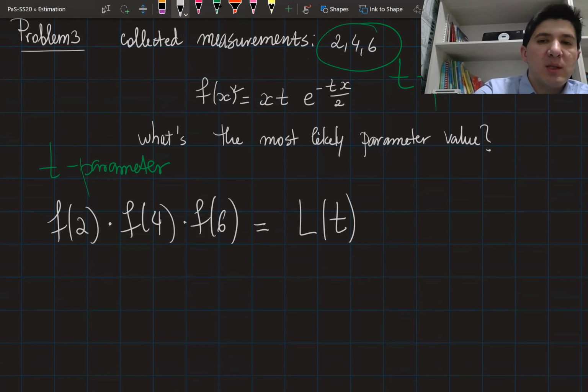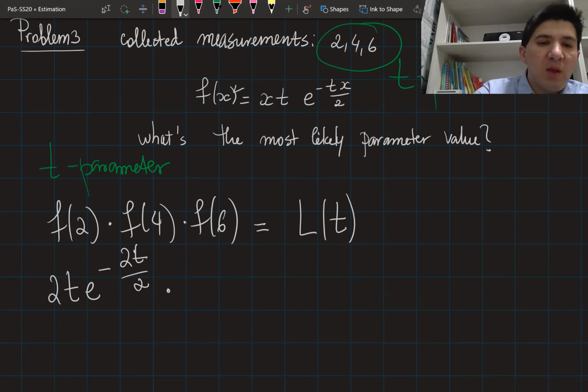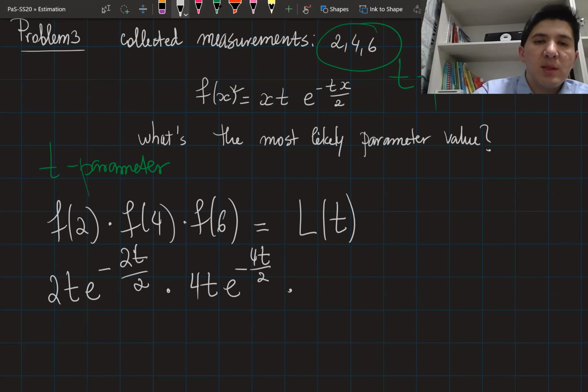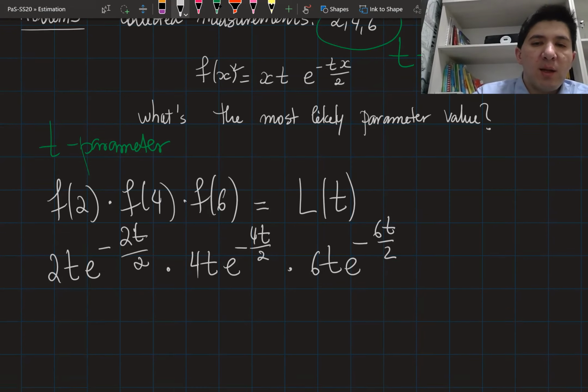So it's going to be 2t e to the power of minus 2t over 2, times 4t e to the power of minus 4t over 2, times 6t e to the power of minus 6t over 2. And this is our likelihood function, right?